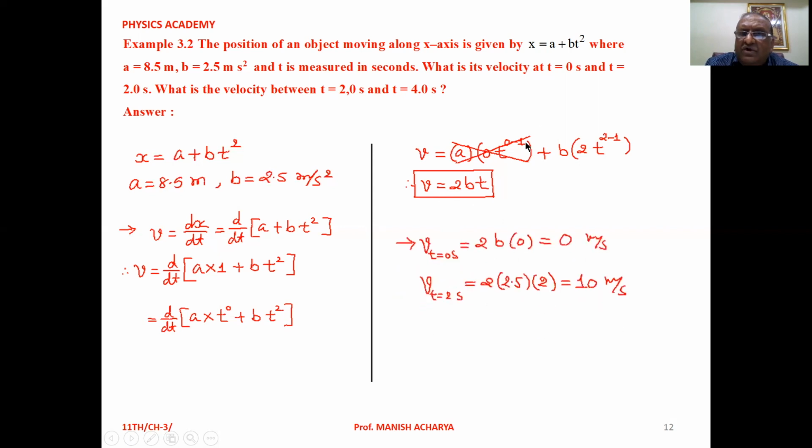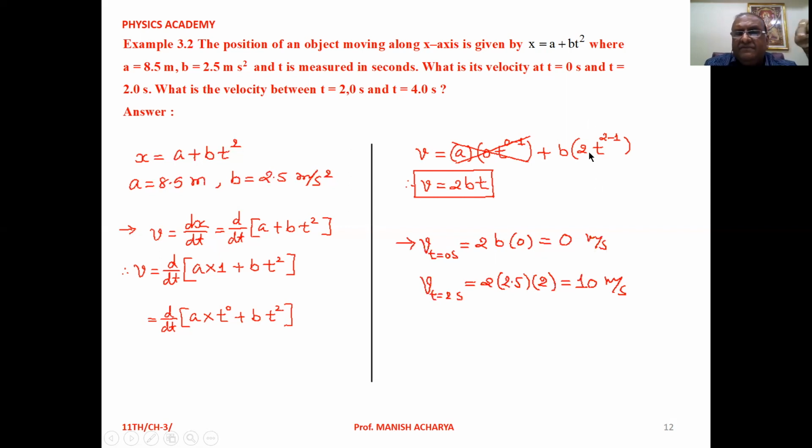So first you want to calculate velocity at time t equal to 0 second. So in this relationship, substitute t equal to 0 and your answer comes to 0 meter per second.